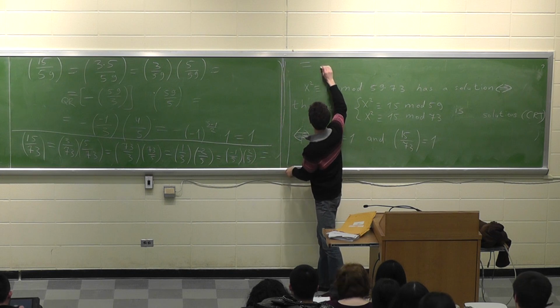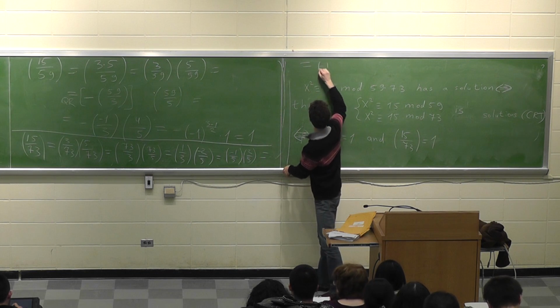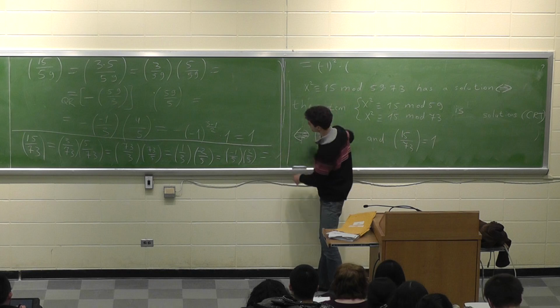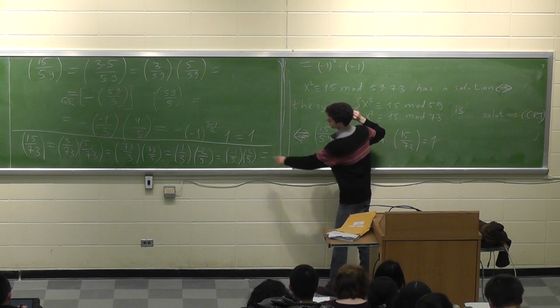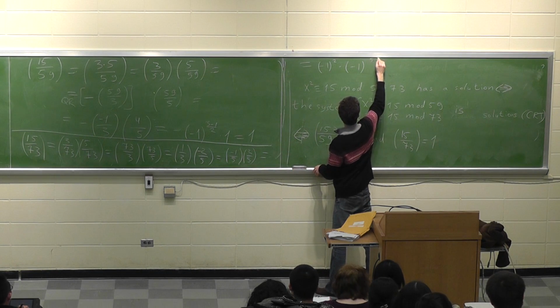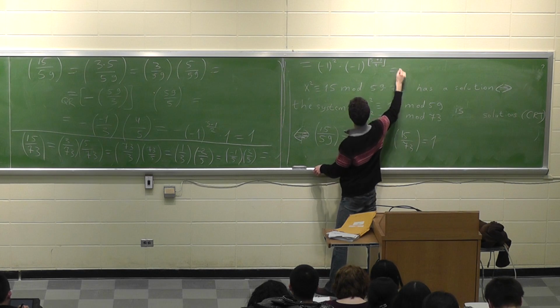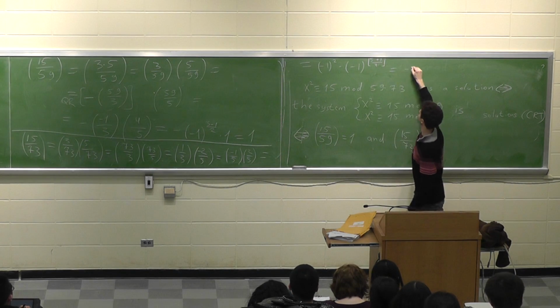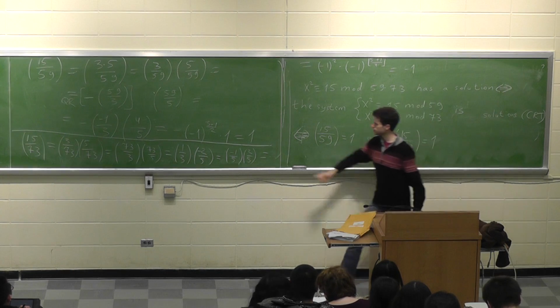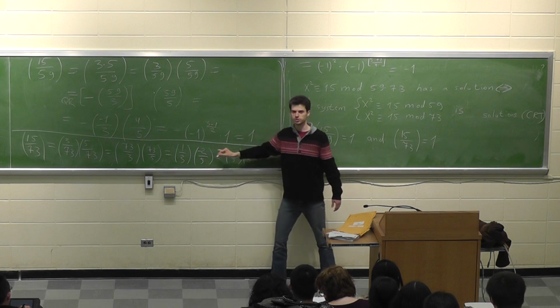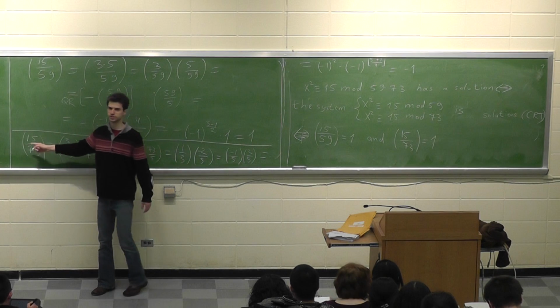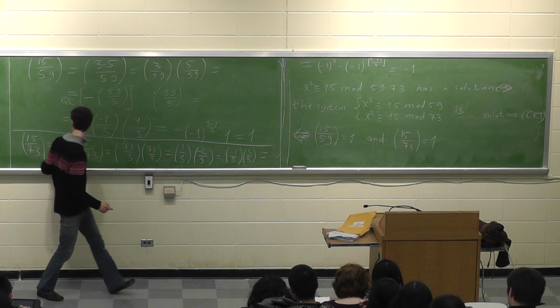So minus 1 over 5 is minus 1 to the power 2 times minus 1 to the power of the integer part of (5 plus 1) over 4. So it is minus 1. So minus 2 is, well, so this number is not a square modulo 73.